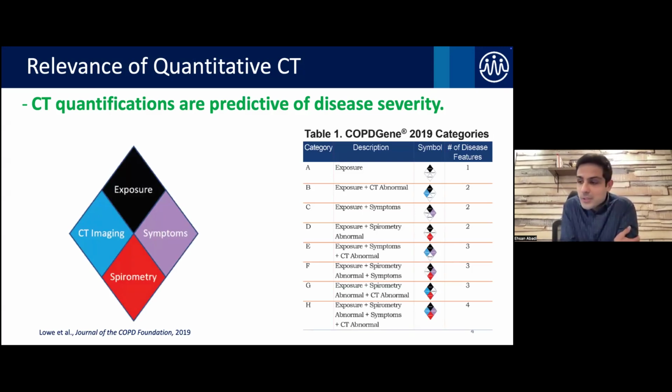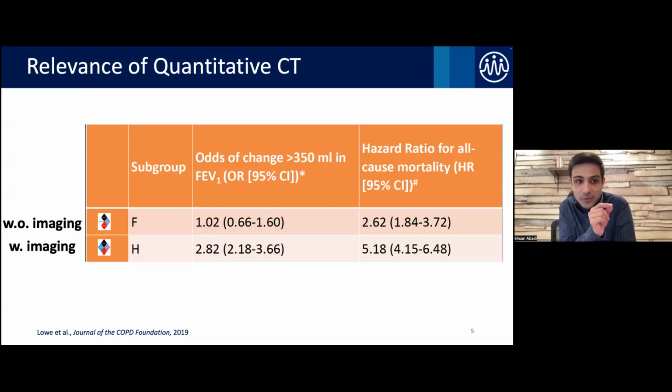In COPD, which is a lung disorder, there are different categories a patient can be diagnosed with: the exposure, such as smoking cigarettes or being in a chemical environment, their symptoms, spirometry or lung function test, and CT imaging, which can also reflect abnormality in the lungs. In a study, they have shown that each of these four items could predict disease and its severity.